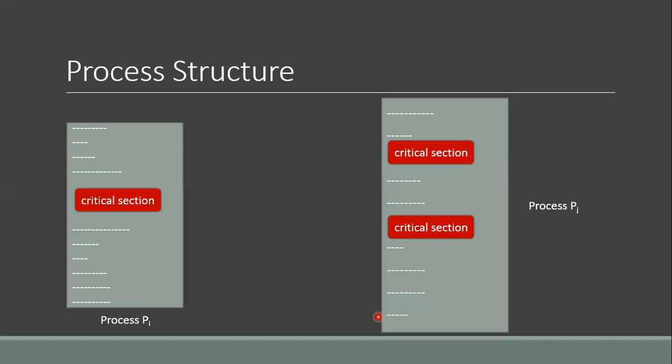However, in order to execute the critical section, we must ensure that only one process, either Pi or Pj, is allowed to execute its critical section. Both of these processes cannot execute their critical section concurrently.